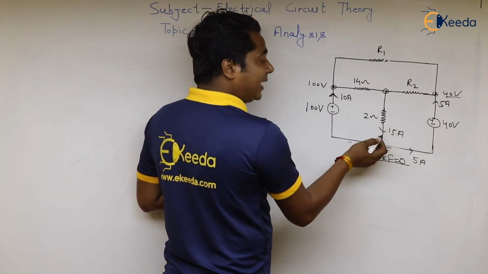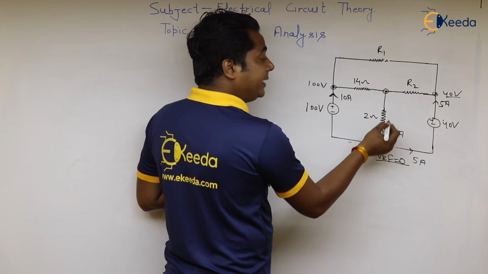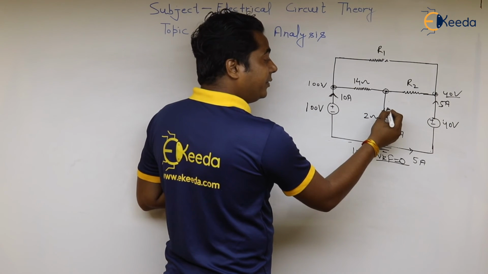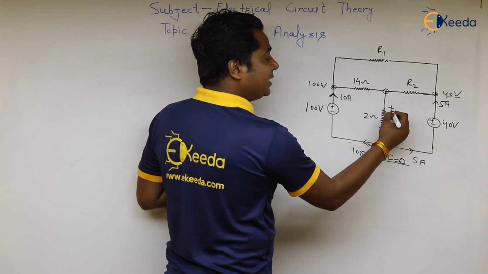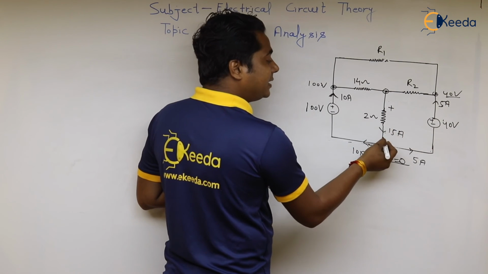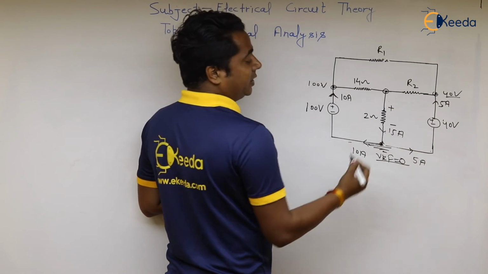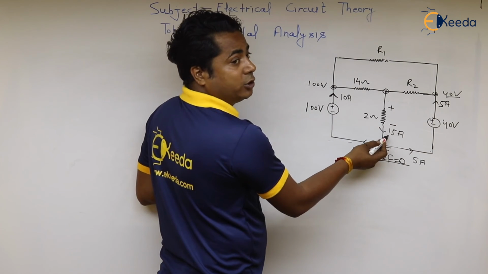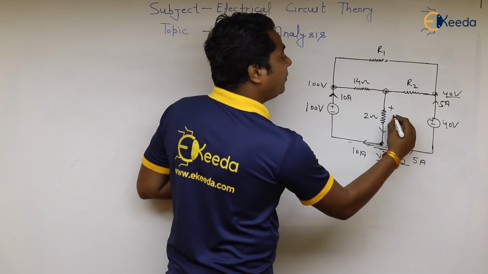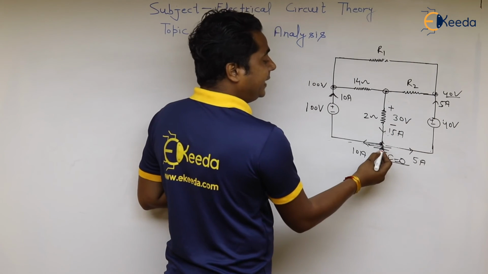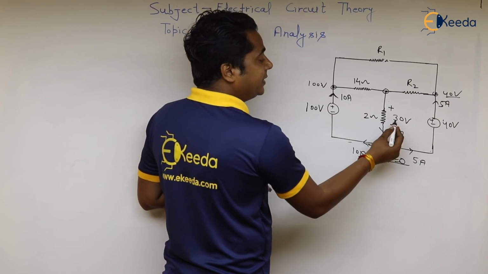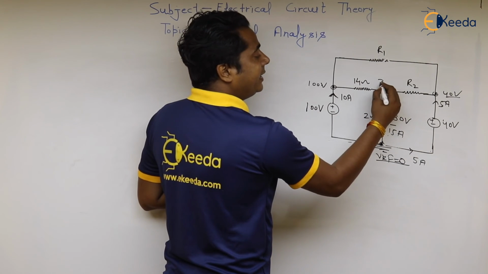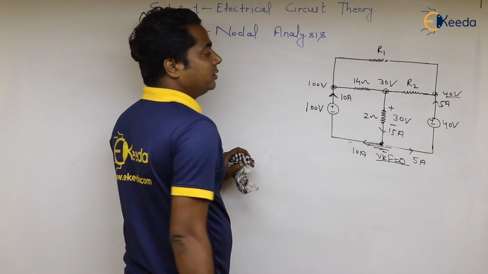Then we know that the point where current enters will be the higher potential, and the current leaving the resistor will be the lower potential. The value of resistance is 2 ohm and the current is 15 ampere, so this drop will be 30 volt, and here it is 0 volt, so directly we can write here 30 volt.